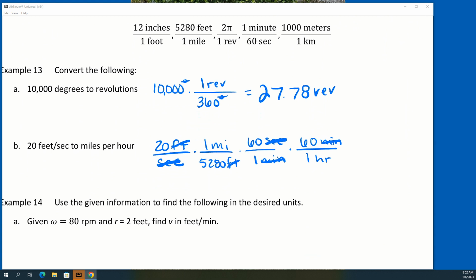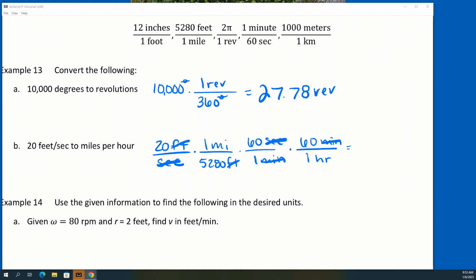Okay. Now I'm pretty sure that the science teachers teach you on a smarter calculator, and what they say is it works. But for our calculators that aren't very smart, on a lot of these problems, what you're going to need to do is if it's in the numerator, you're going to multiply by it. And if it's in the denominator, you're going to divide by it. I think this one you could do however you wanted to.